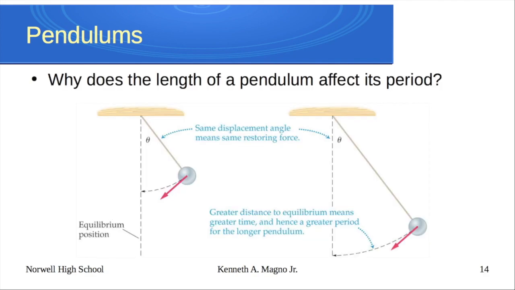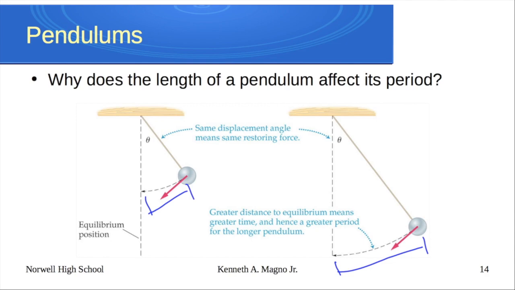One thing we figure out here, though, is why does the length of the pendulum affect the period? Well, if it's the same angle of displacement, but a different length, we notice something here. From here to here versus from here to here, right? You have a greater distance that it has to cover with that longer pendulum period.